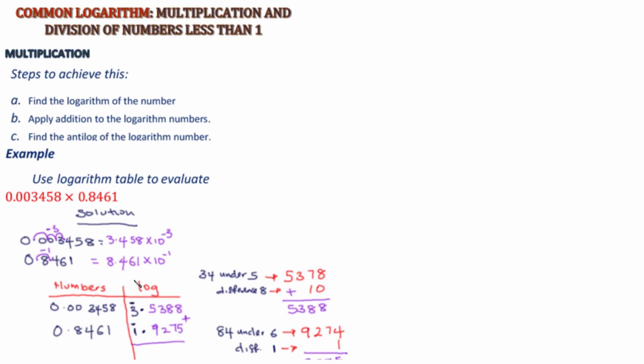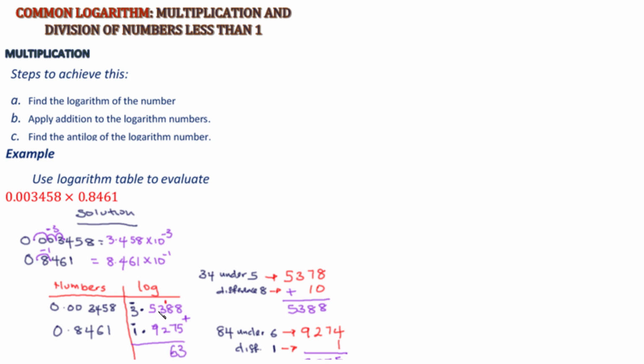Step A says find the logarithm of the number. We've done that. Now apply addition to the logarithm numbers, because it is a multiplication, you have to add the numbers together. Now this will be 8 plus 5, 13. You carry your one here. Then 1 plus 8, 9 plus 7, that's 16.